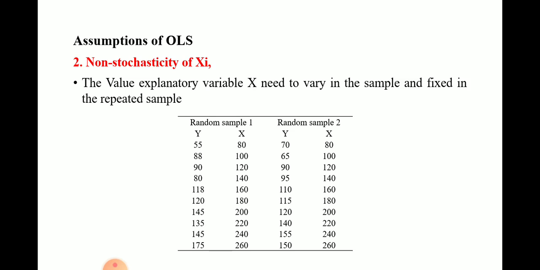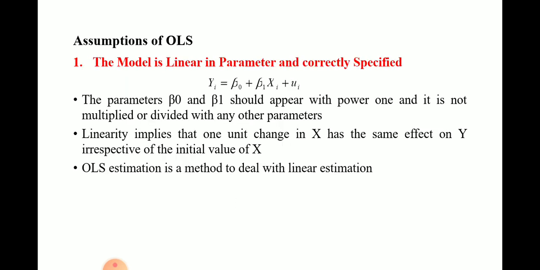The first assumption is that the model is linear in parameters and the model is correctly specified. What does linearity mean? It means that the parameters beta 0 and beta 1 should appear with power 1.